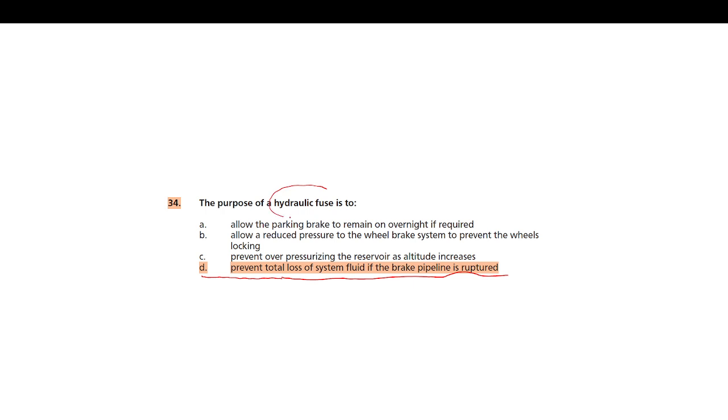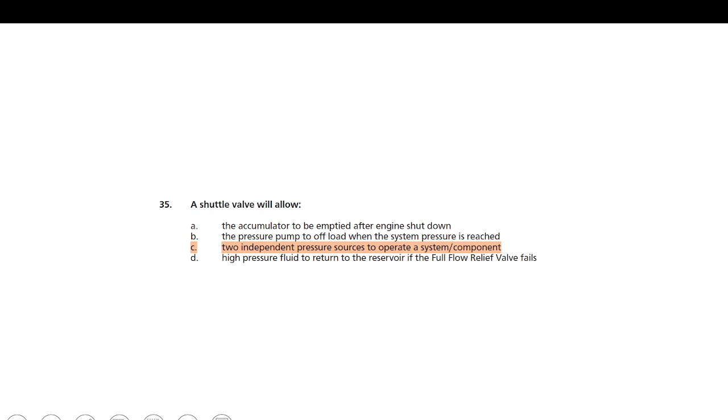This hydraulic fuse doesn't cause the total failure or total loss of system fluid from the pipeline. So it is helping you to maintain the controlled flight in the sky in case of hydraulic fluid leak.